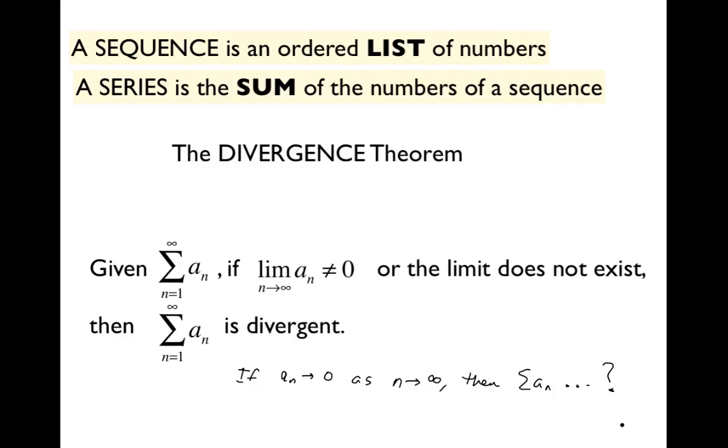Does this statement guarantee that if a_n does go to 0, then the series converges? Does that guarantee that? So what does this say? This says if the sequence does not go to 0, or if the sequence is divergent, then we can make a conclusion. Does that allow us to make a conclusion for when the sequence does go to 0? Yes? No.